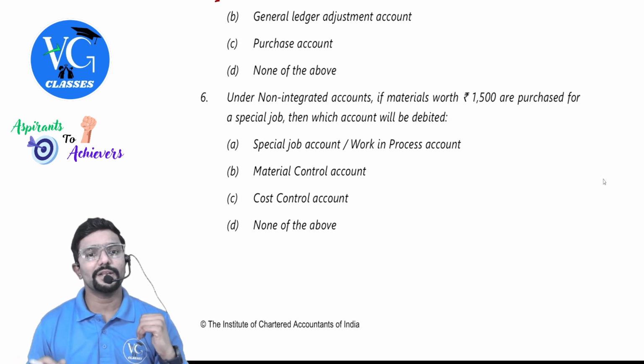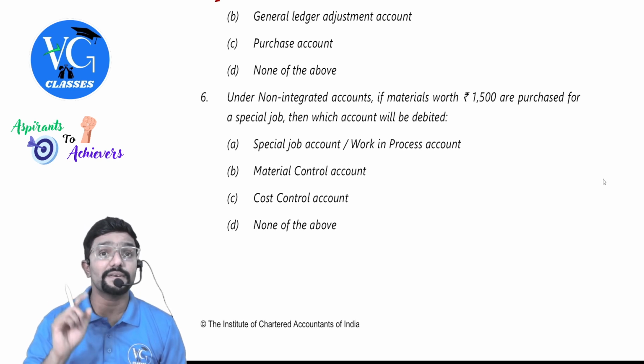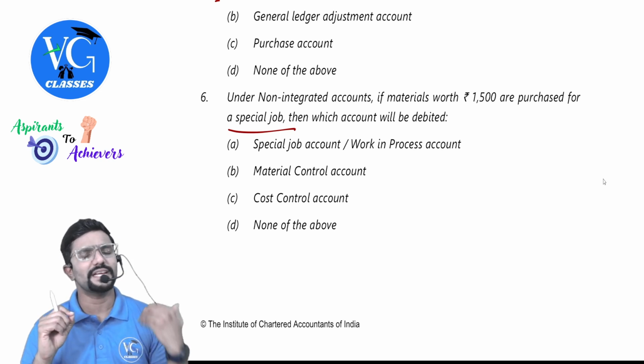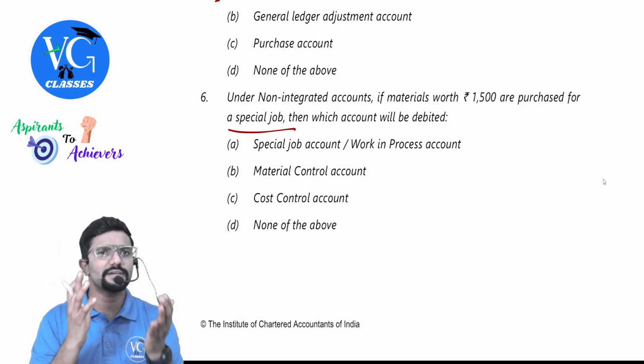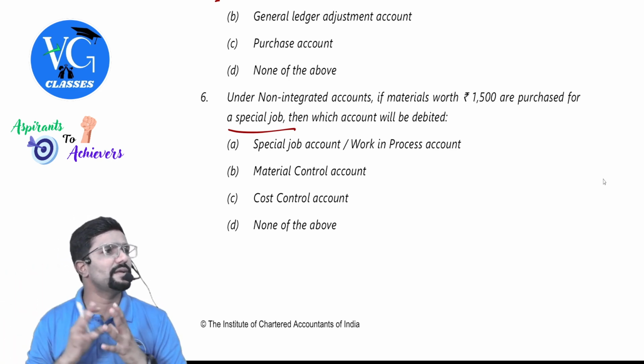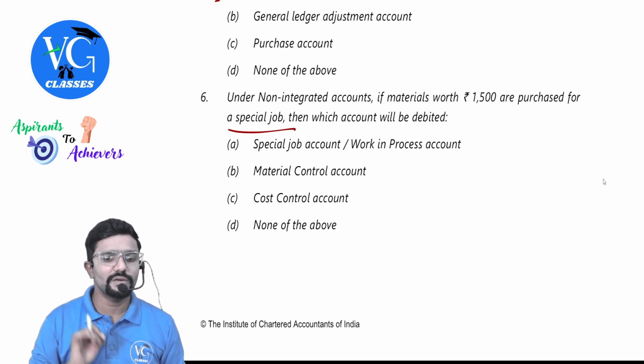Sixth one: under non-integrated accounts, if the materials worth 1,500 are purchased for a specific job, then which account will be debited, guys? Right away WIP account. Instead of receiving in the stores and then sending it to the WIP account, straight away we'll receive it in WIP account. So special job account or work in progress account, that is the answer. Material control account, cost control account, none of the above.